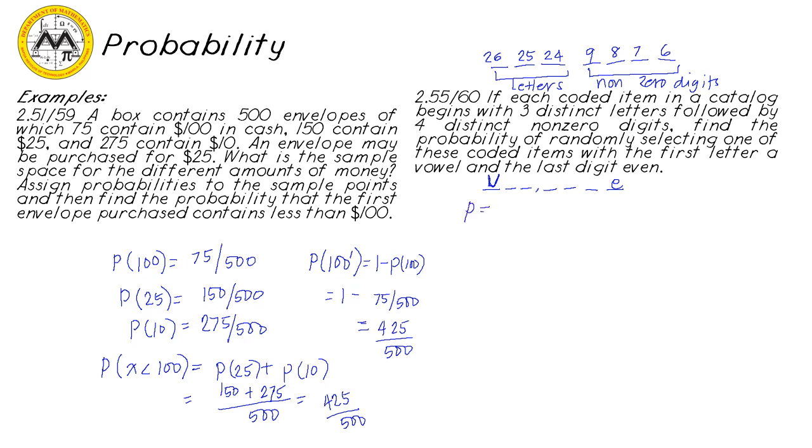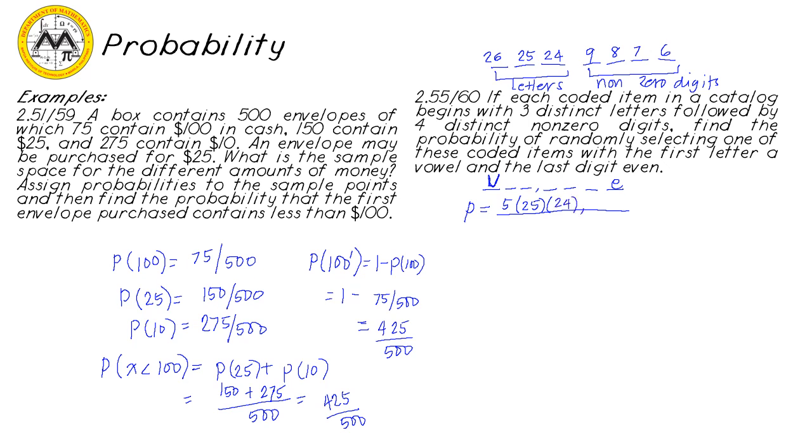So for the probability that we are solving, it should be a vowel. So if it is a vowel, it can be A, E, I, O, U, so that's 5 options. For the second letter, you have 25, so that's 26 minus the first character. And for the last, it would be 24.